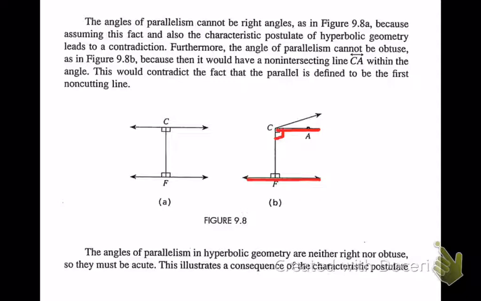The first non-cutting line, which is going to be something going like this, that's your parallel. This perpendicular is outside of it, right? So it's going to be in between the other one on this side. It's one of those lines in between that doesn't intersect. So there's multiple lines on each side of FC that don't intersect the bottom line, but the one that's parallel is the first non-cutting line.